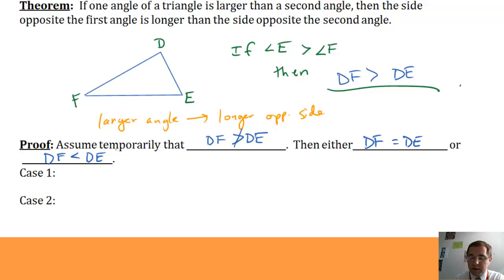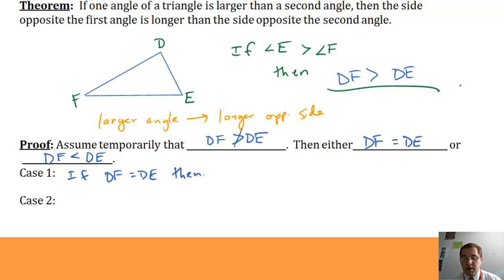Case 1 is if DF equals DE, then what must be true? Well, we have a triangle in which two sides would be equal then. DF would equal DE, which means the angles opposite those sides must be equal.